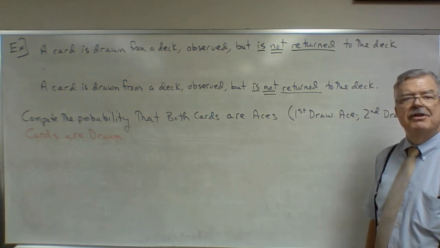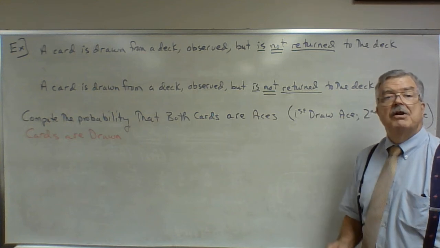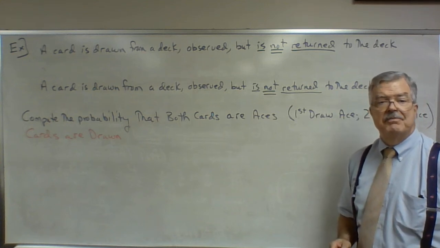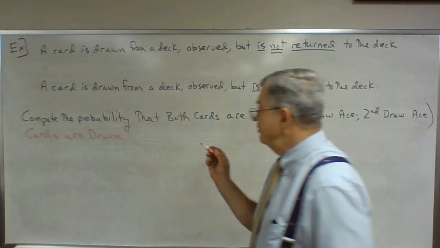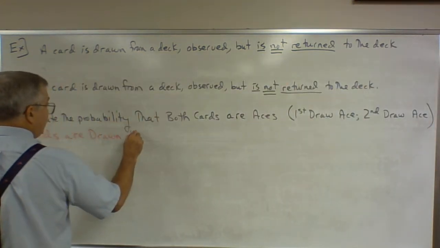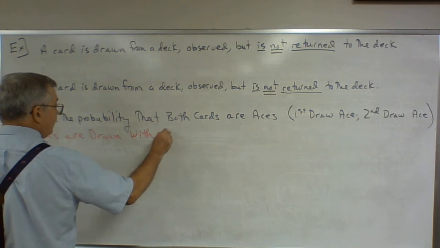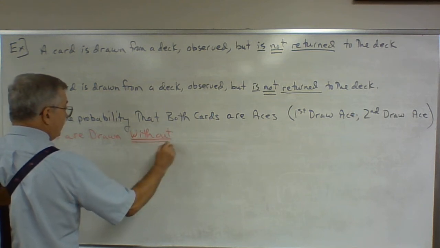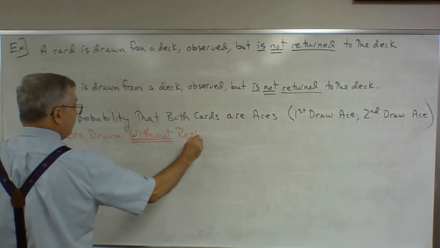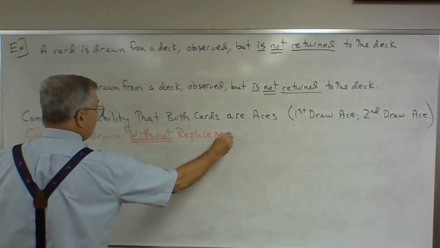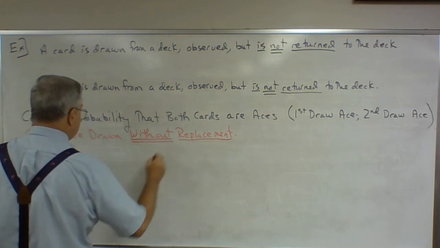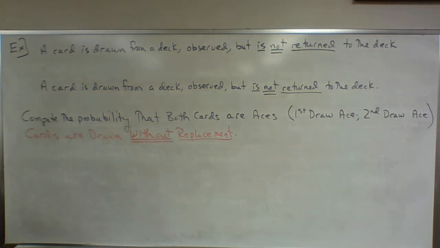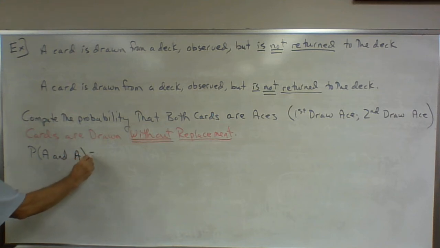From our discussion in the previous lecture, we know that these cards are drawn without replacement. So we compute the probability that the first card is an ace and the second card is an ace.